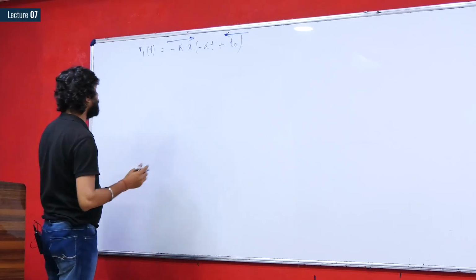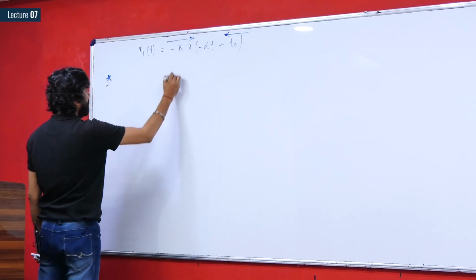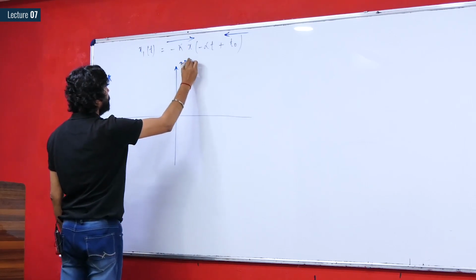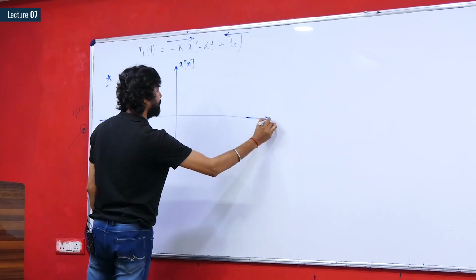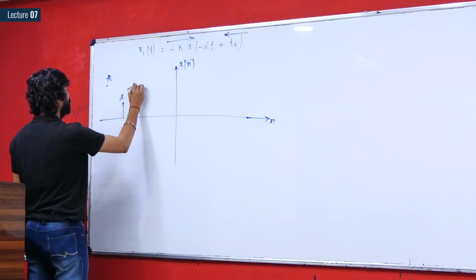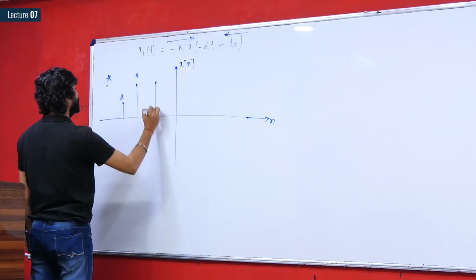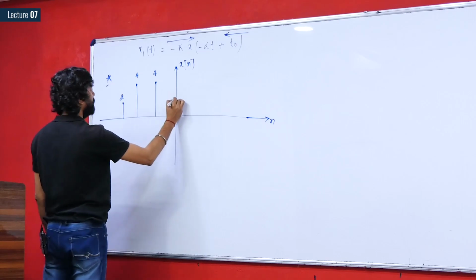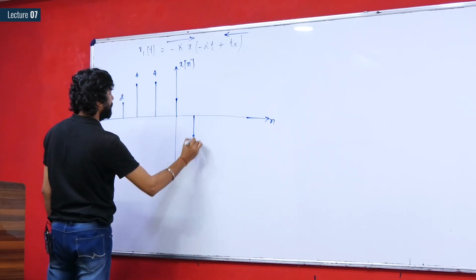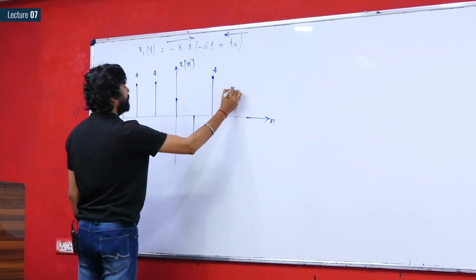And if we are taking any example, let's say we have any signal x of n that is given to you graphically as, let it is your signal x of n with respect to n. Let the values are 2, 4, 4, then let it is 2, then minus 1, let it is 4 and 3.